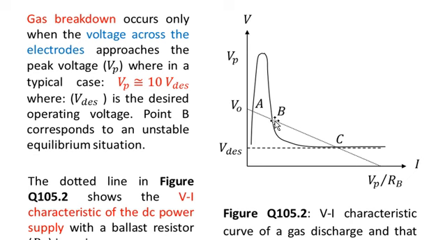So point B corresponds to the unstable equilibrium position, because point B occurs after the breakdown has occurred, and point A occurs before the breakdown. So point A is not important, but point B is important. But point B is an unstable equilibrium point, whereas point C is the stable equilibrium point that is desirable.